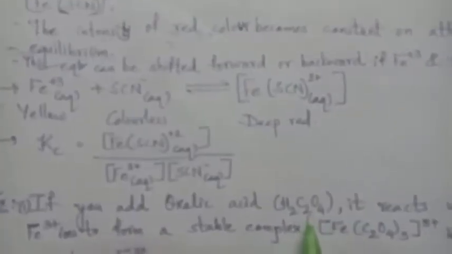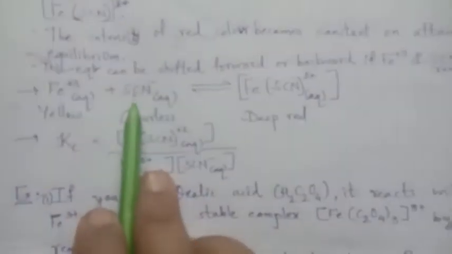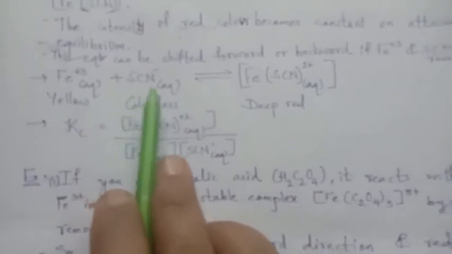So here ferric ion, that means the reactant, as shown here, when it reacts with thiocyanate gives ferrothiocyanate. So on addition of oxalic acid H2C2O4, ferric ion is removed, because oxalic acid is more reactive compared to the thiocyanate, right? Thiocyanate is also reactive, but this is more reactive.